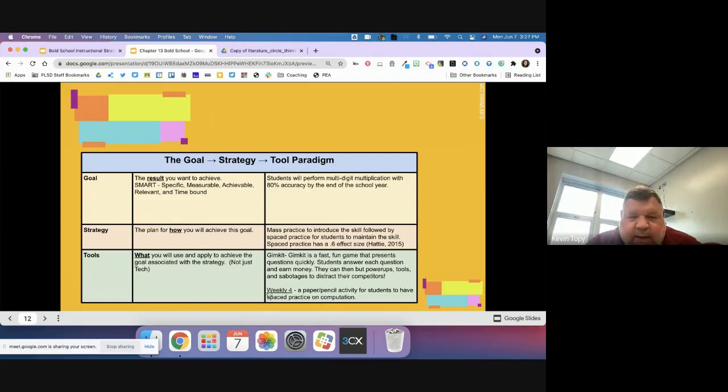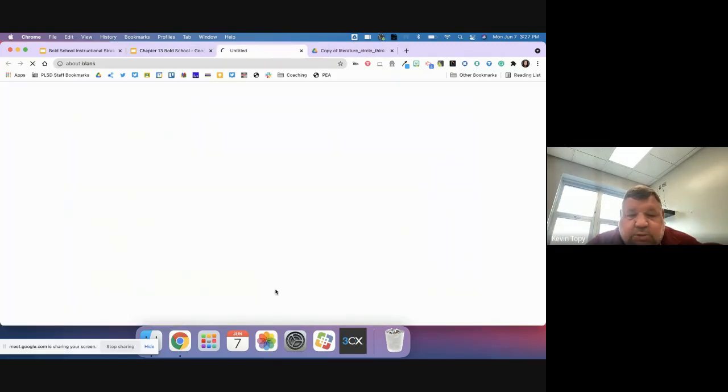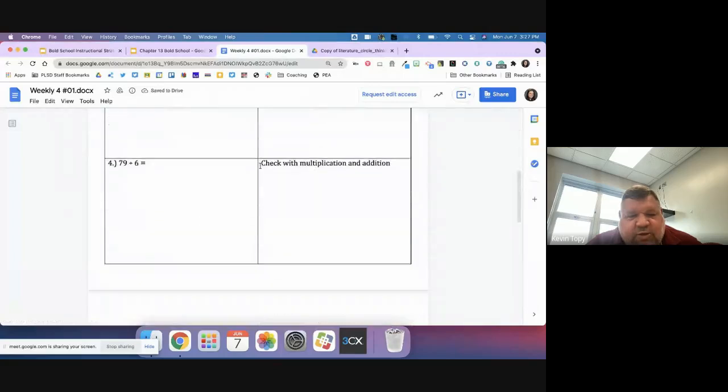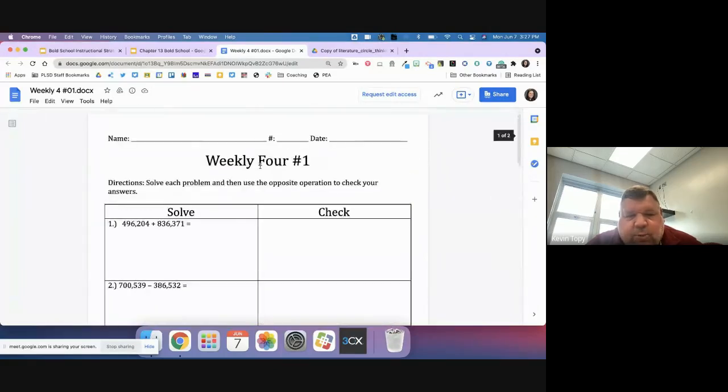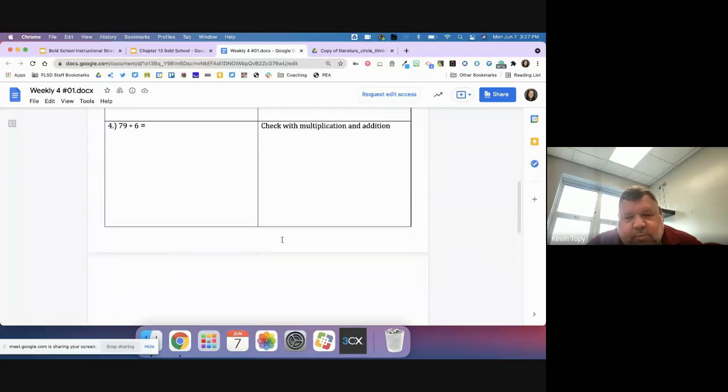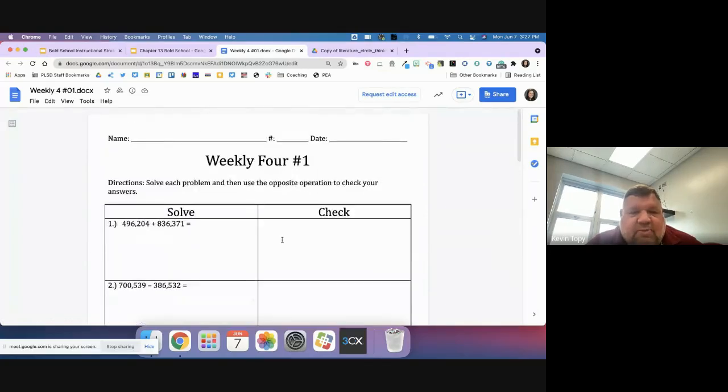The tool I would possibly use for that, we call them weekly fours. It's basically an operation with each of the four, but it would include your multiplication practice, and then they would check it with the opposite operation. It's that weekly practice of that skill that they continue to come back to week after week once they've learned it.